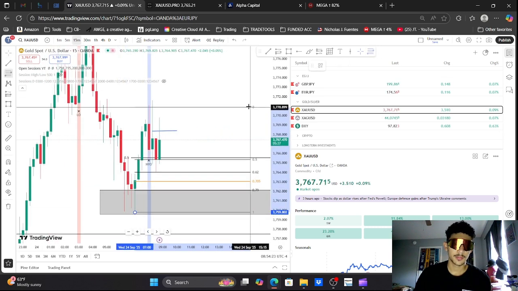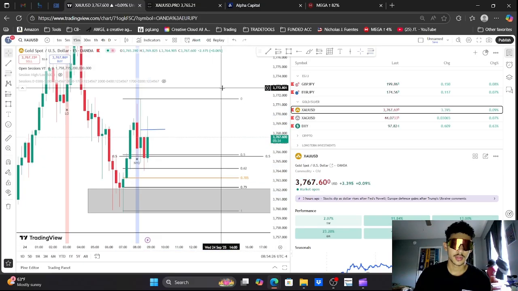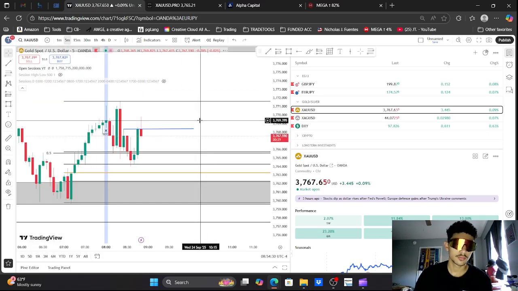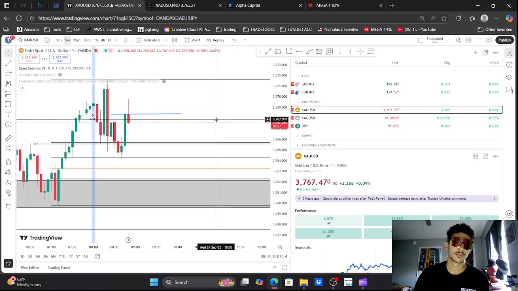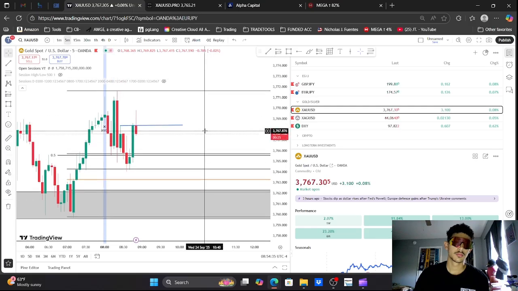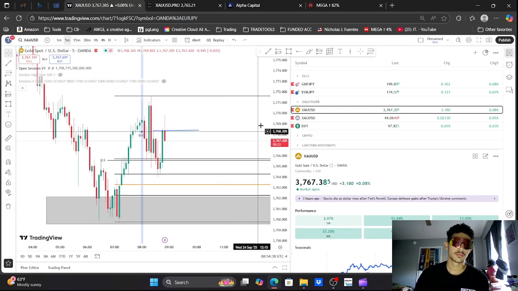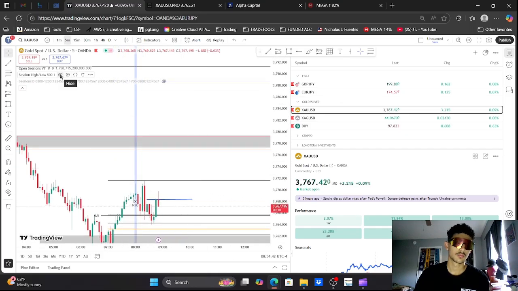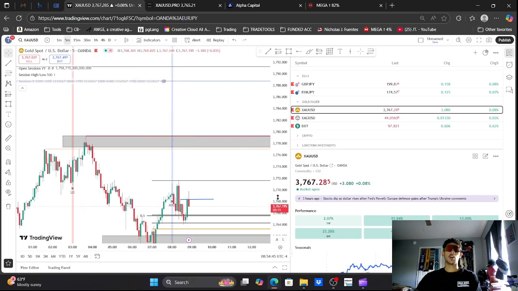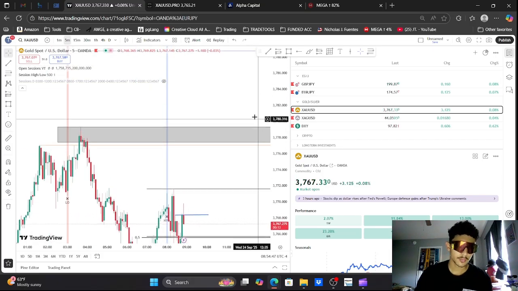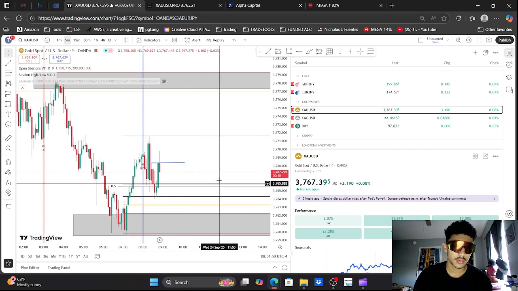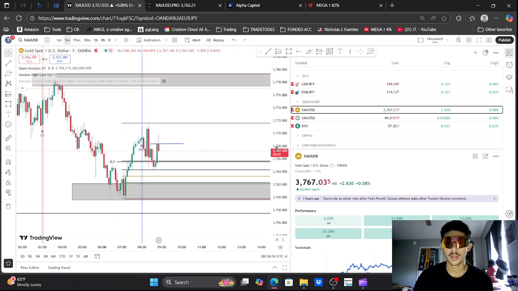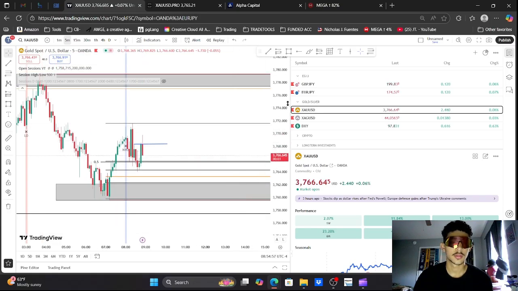Let's pull up this fib, see what happens. Would be willing to take longs on gold if we can get the right 5-minute retracement into this OTE.